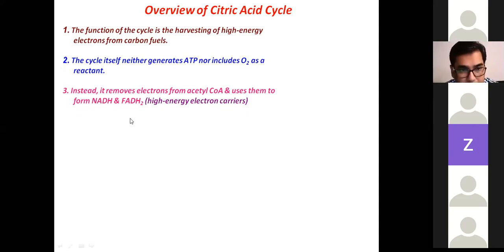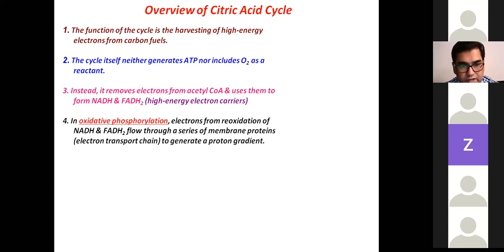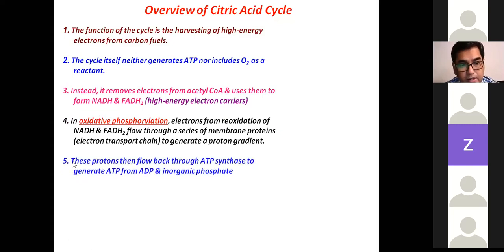Now these NADH and FADH: in glycolysis we get NADH, in the TCA cycle we get NADH and FADH. Inside these NADH and FADH are electrons, and these high energy electron carriers need to be transported, need to be shifted where? To the electron transport system. When they are shifted there into the electron transport system, ATPs will be made from them as a result of oxidative phosphorylation, and these protons then flow back through the ATP synthase complex and generate ATPs from it.